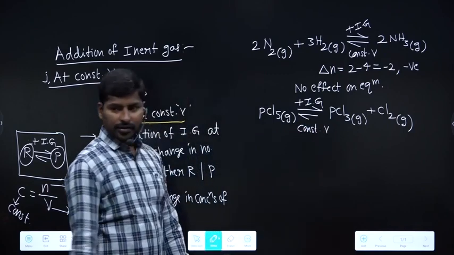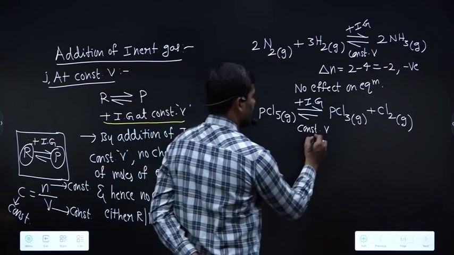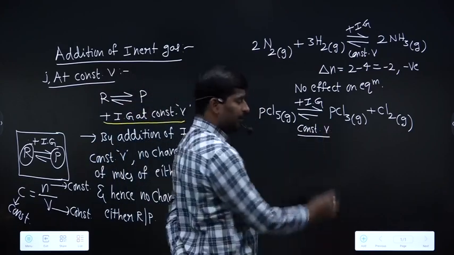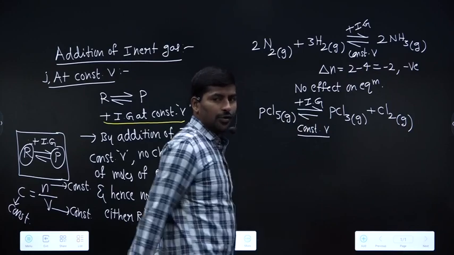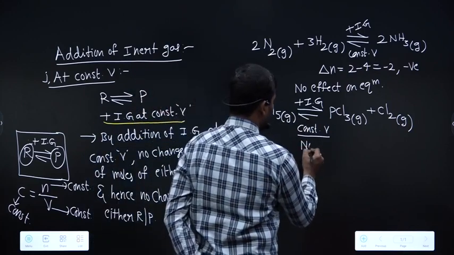Now what is the effect on this equilibrium? If there is constant volume, immediately you go to no effect on equilibrium.